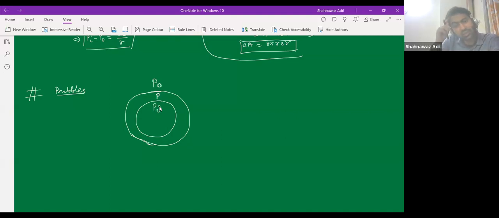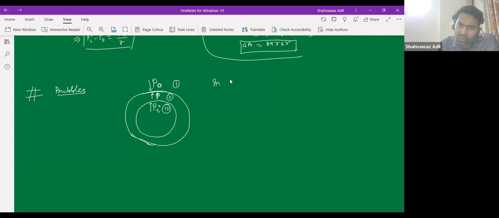This Po is applying some pressure, similarly this Pi is applying some pressure and this P is applying some pressure, right?